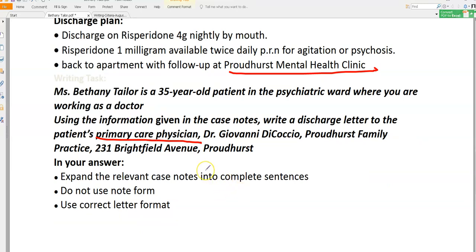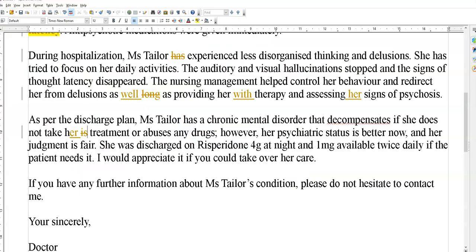So it doesn't really explain much. That's the danger with using all this free stuff on the internet. It might not be the same as the material that you would get in the test. Anyway, so as per the discharge plan, she's got chronic mental disorder, but that's not per a plan, though, is it? That's just a statement, so that's not per a discharge plan.